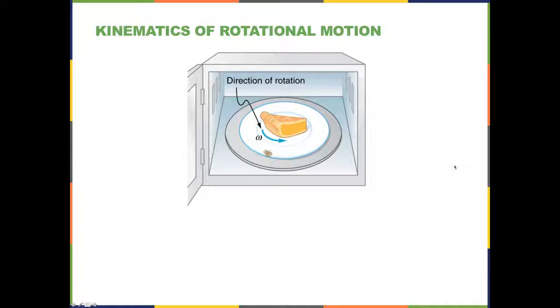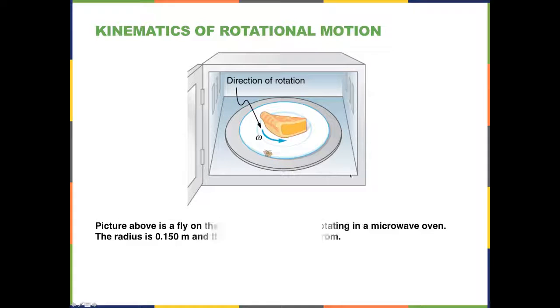Now here's another problem. Here we have a fly, and he's sitting at the edge of this plate. The plate's radius is 0.15 meters. It's rotating at 6 rotations per minute.